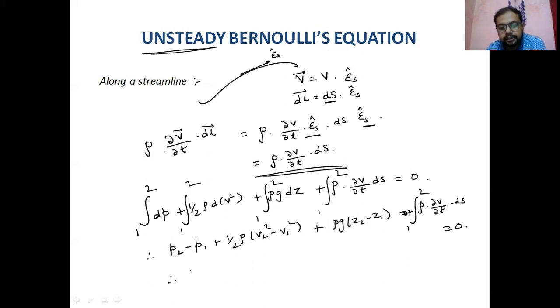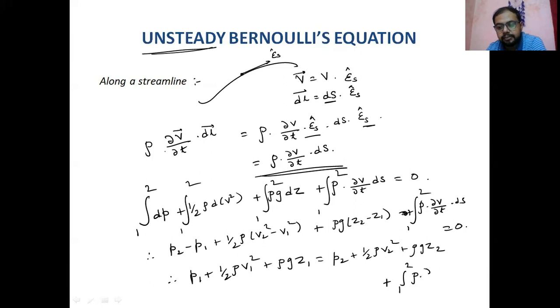Hence, a simple equation we can write: P1 plus half rho V1 square plus rho g Z1 is equal to P2 plus half rho V2 square plus rho g Z2 plus one extra term. The unsteady term will be present here for the case along the streamline.